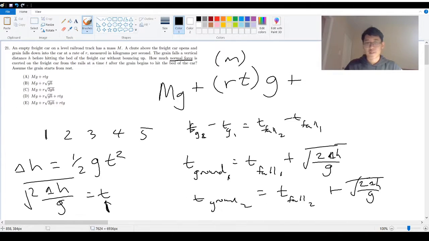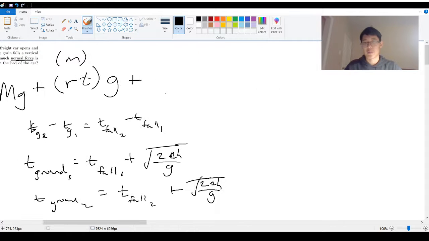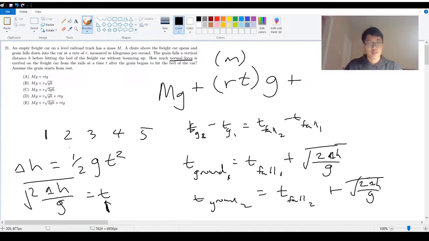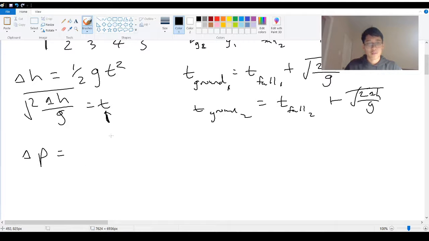Well, if you do enough of these questions, this reminds you of a momentum question. So the change in momentum is equal to the change in mass times velocity, right?